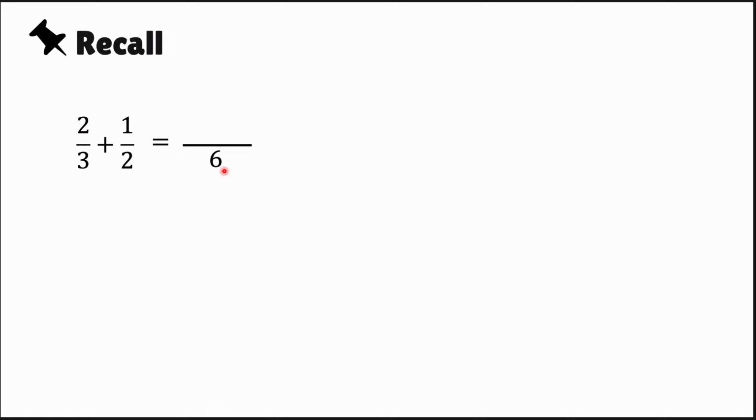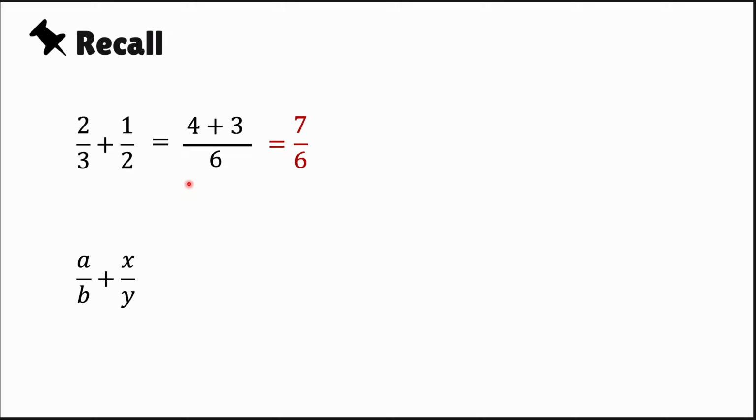Basically, we can just do 6 divided by 3, that's 2, times the numerator, you're going to have 4. 6 divided by 2, that's 3, times the numerator 1, that will give you plus 3. So 4 plus 3 over 6, 4 plus 3 is just 7, therefore you have 7 over 6.